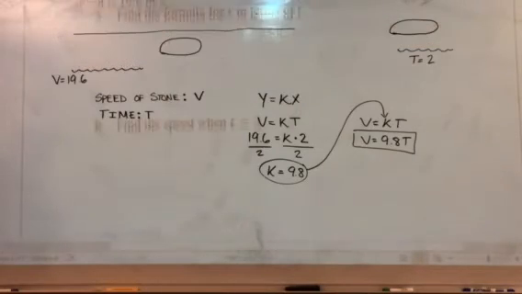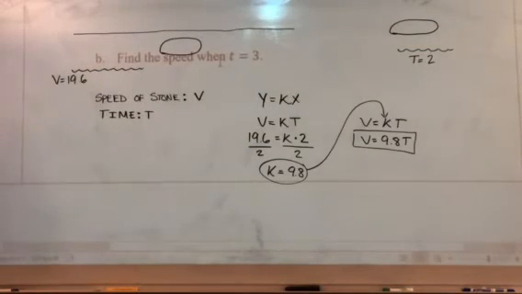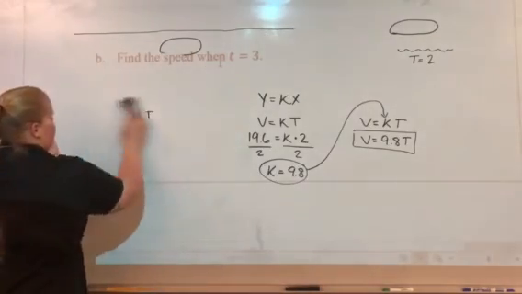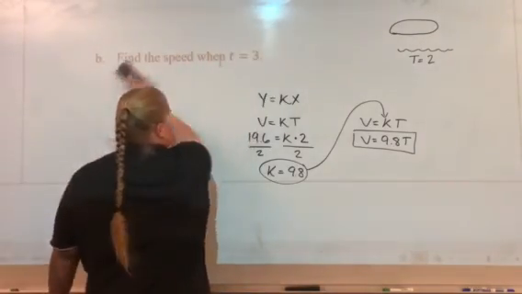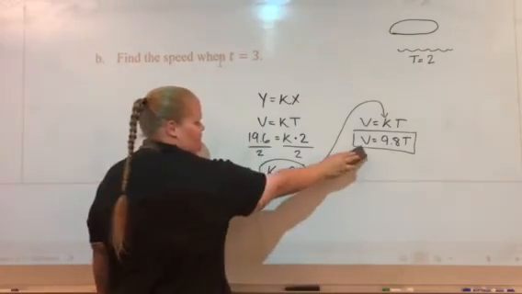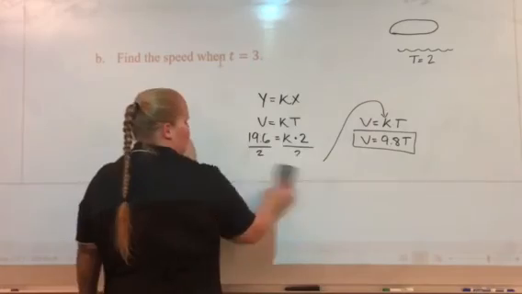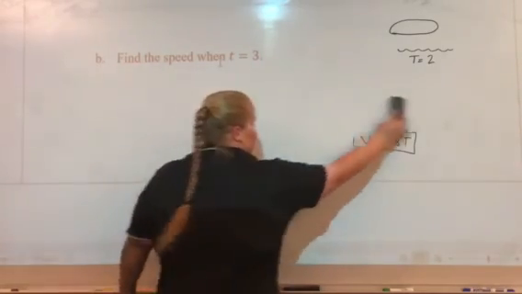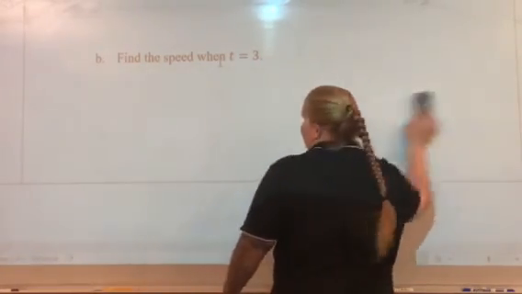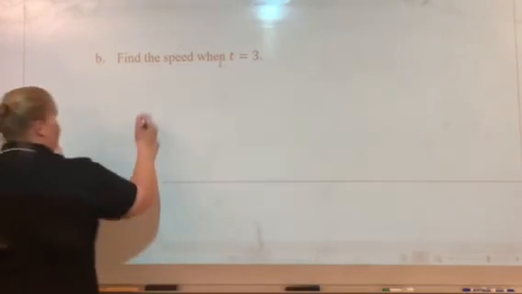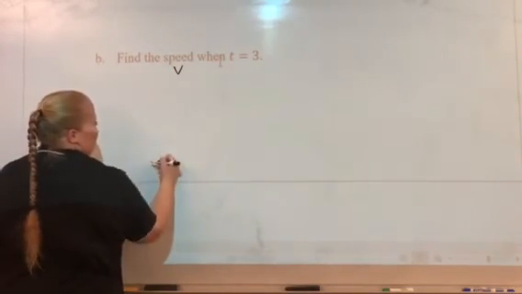Part B to this asks us to find the speed when t is 3. So we're still going to be using this formula because it's under the same set of directions. We now know what the constant value is. K is 9.8. And we're going to solve for v. Speed, remember, speed is v.